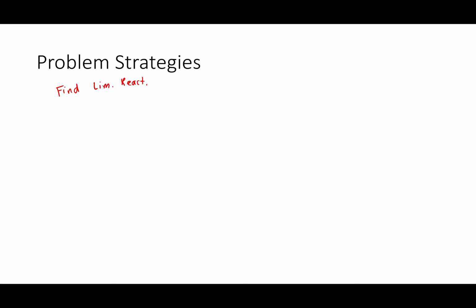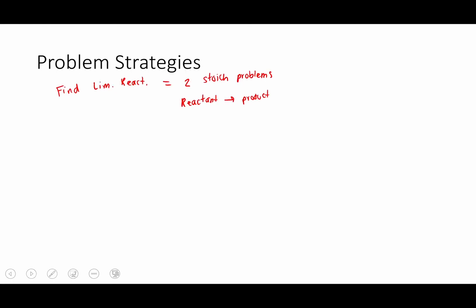So you're going to do two stoichiometry problems. You're going to go from reactant to product, for each given amount of reactant that you have, okay? And then the maximum amount of product is technically the lowest amount.